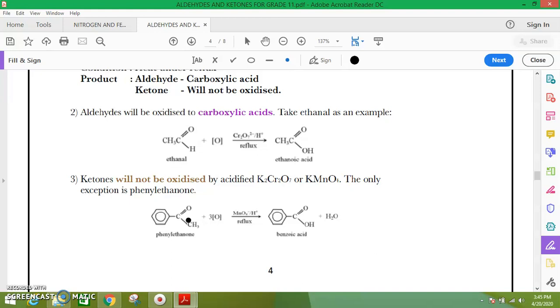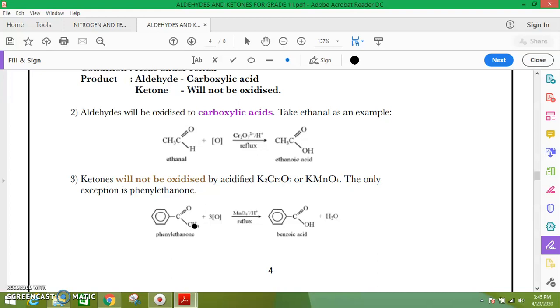Addition of oxygen and removal of hydrogen we call oxidation. So you can see phenylethanone will oxidize into the benzene ring with C double bond O and OH. What we did here, we just add oxygen here.